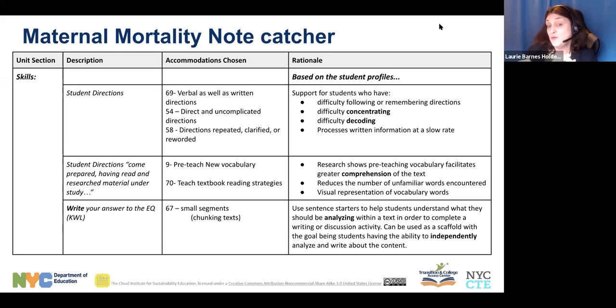Using smaller segments can be used as a scaffold, with the goal being eventually that the students will have the ability to independently analyze and write about the content. If we start them with a graphic organizer, eventually they might be creating their own. I've seen students on Regents exams all of a sudden on their scrap paper do a little bubble map or something, and that gets them going and able to start writing.